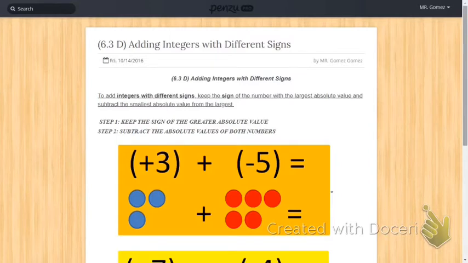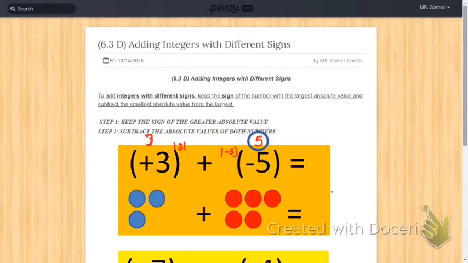The absolute value of positive 3 is 3. The absolute value of negative 5 is 5. So the absolute value of negative 5 is greater, because 5 is greater than 3.